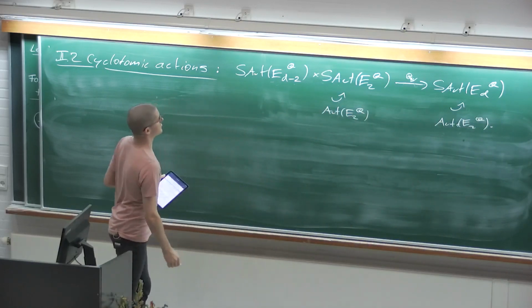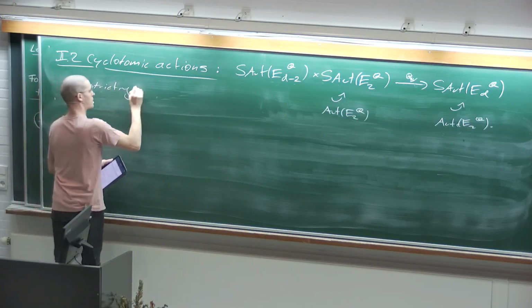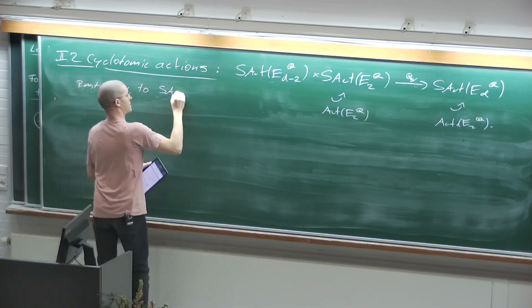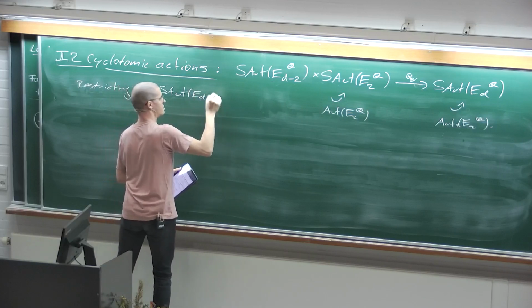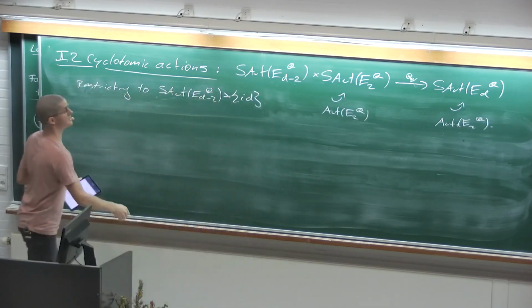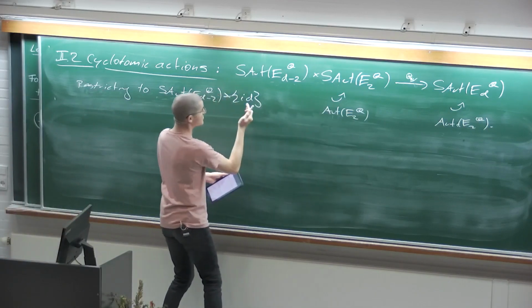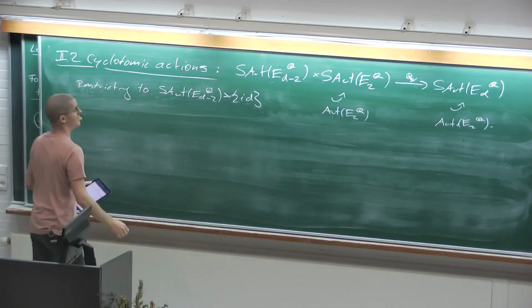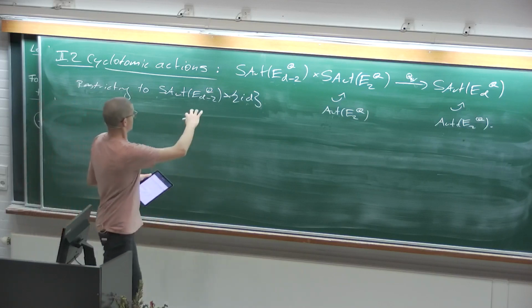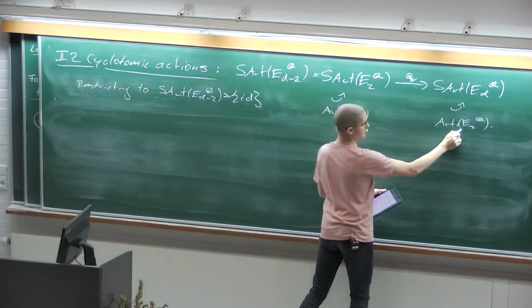So what this means is, if I restrict to the automorphisms of the E_{D-2} operad rationalized, times the identity, if I restrict to that subspace, then this action here will be trivial because the conjugation action on the identity is trivial. So what that means is the restriction to the subspace factors over the homotopy fixed points of this group acting here.